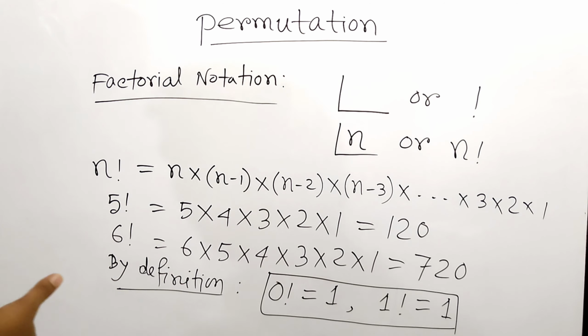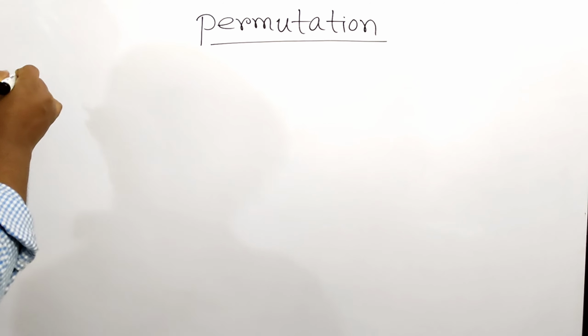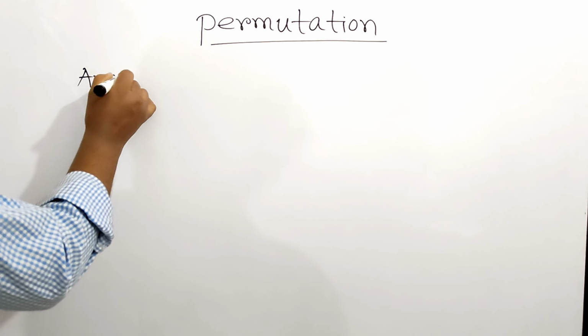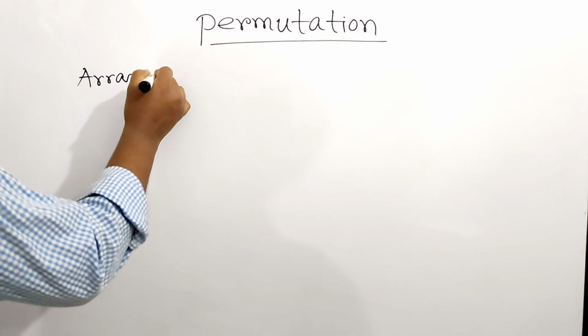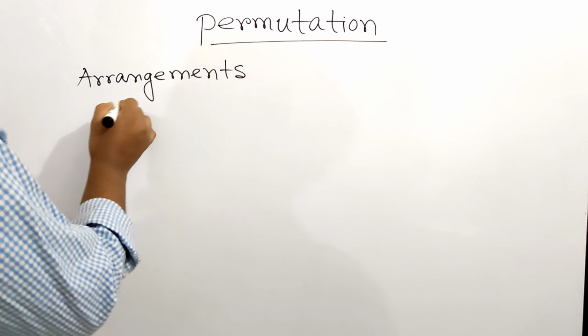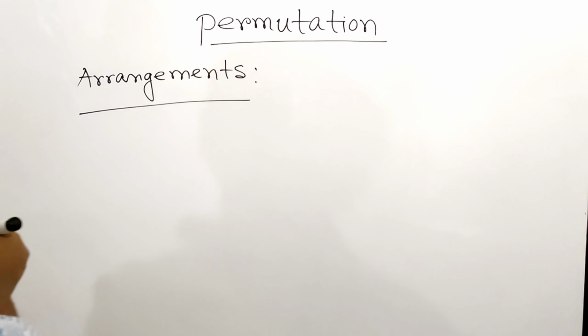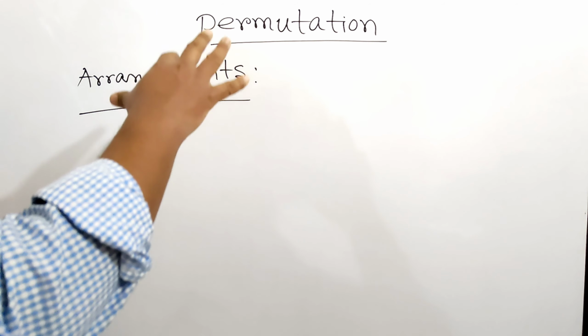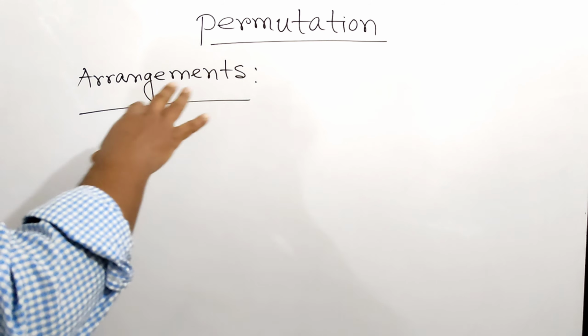Now we learn different types of arrangement. And this is so important in permutation. I'll try to discuss this arrangement by giving some examples.